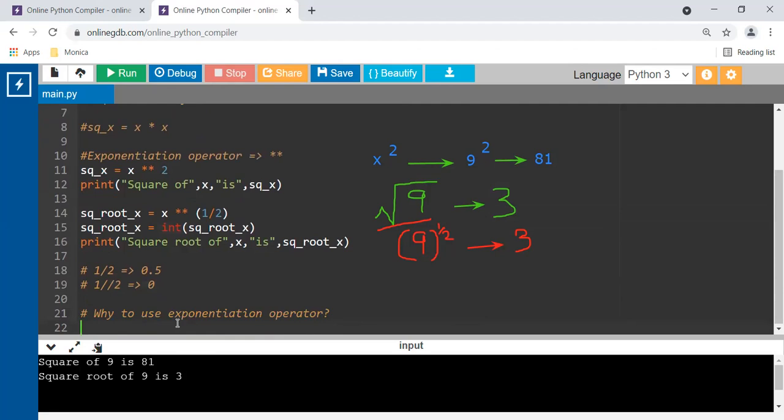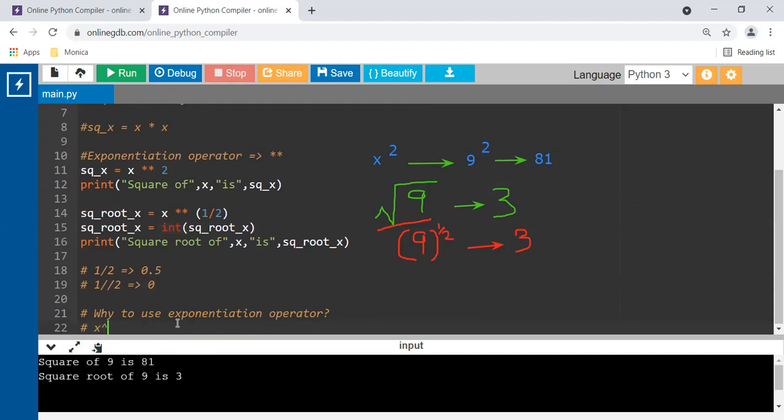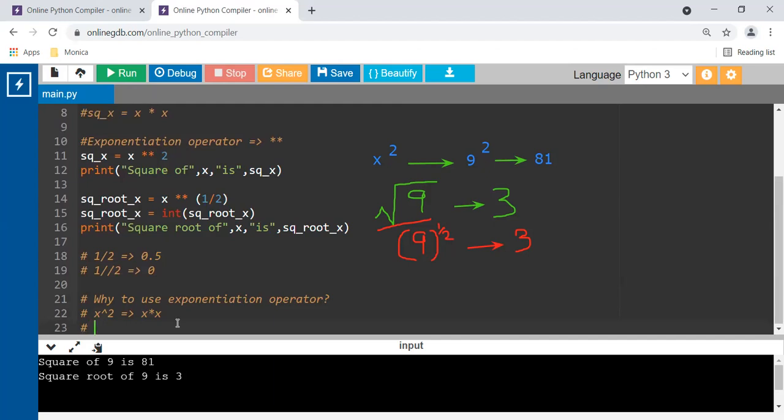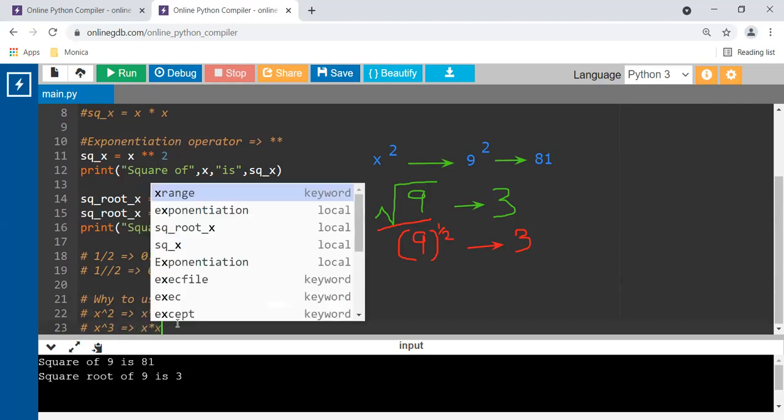Okay, let's take an example and understand. Let's say I want to find the square of a number. So in mathematics, we'll write x raised to 2 and its equivalent Python expression will be x multiplied by x. Let's say you want to find x raised to 3. x raised to 3 will be x multiplied 3 times.